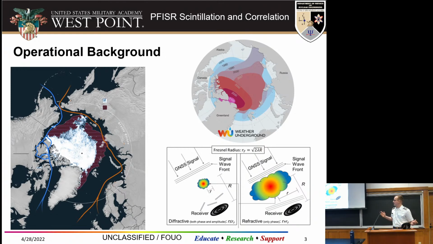Now, what the added plasma in the ionosphere does is add basically a barrier in between GPS satellites and receivers on the ground. So when GPS tries to penetrate through the ionosphere, it refracts and diffracts off of the plasma and electrons within the ionosphere, causing a phenomenon called scintillation, basically phase differences in the recorded signal on the ground.